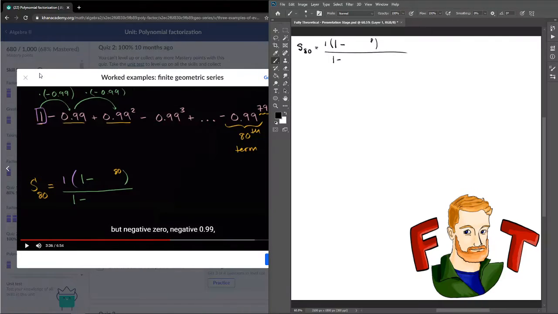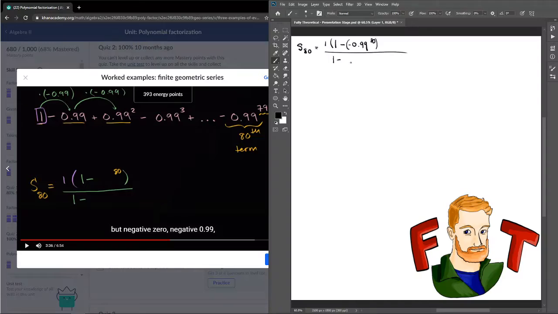can you see my cursor? There we go. He already explained over here the common ratio is negative 0.99. So that should be 80.